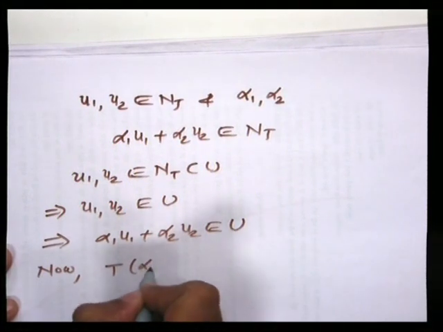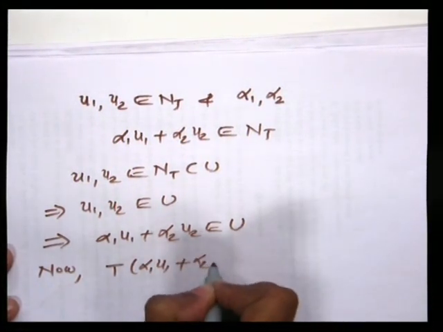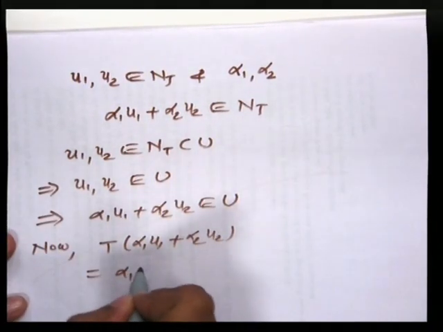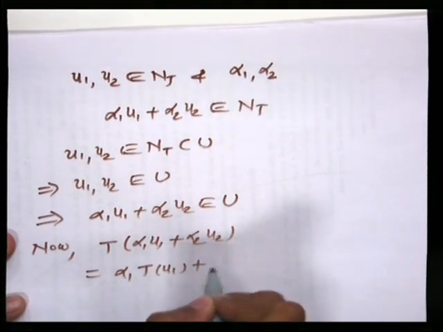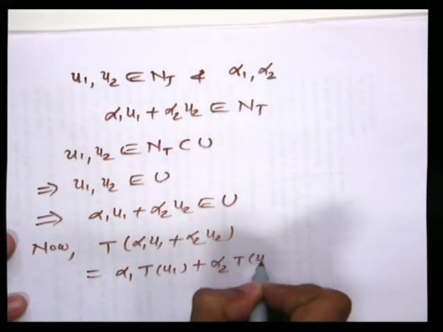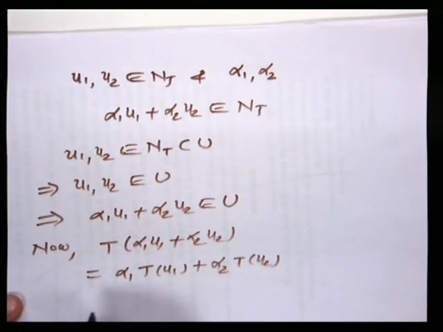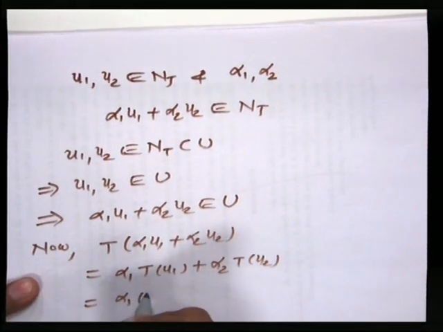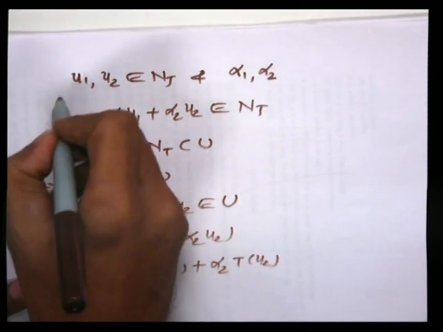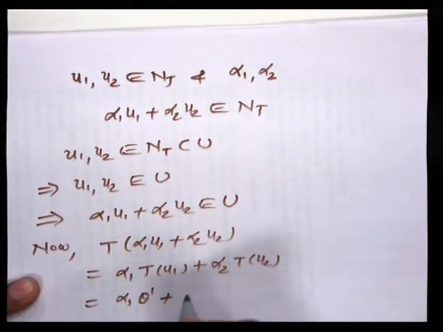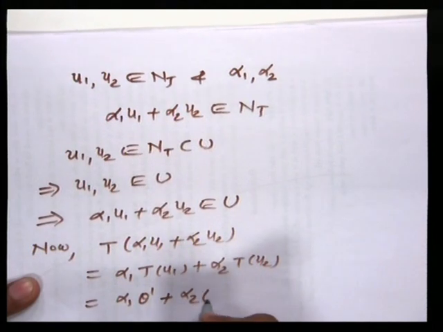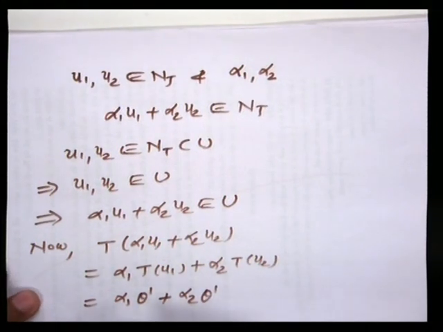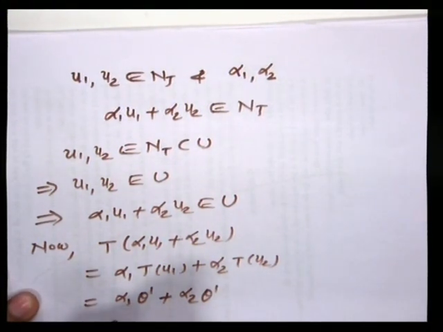T of alpha 1 u1 plus alpha 2 u2 is equal to alpha 1 times T of u1 plus alpha 2 times T of u2, as T is a linear transformation. So this is equal to alpha 1 times theta dash, as u1 belongs to NT, and similarly alpha 2 times T of u2 is also theta dash, as u2 belongs to NT. So this is equal to finally theta dash.